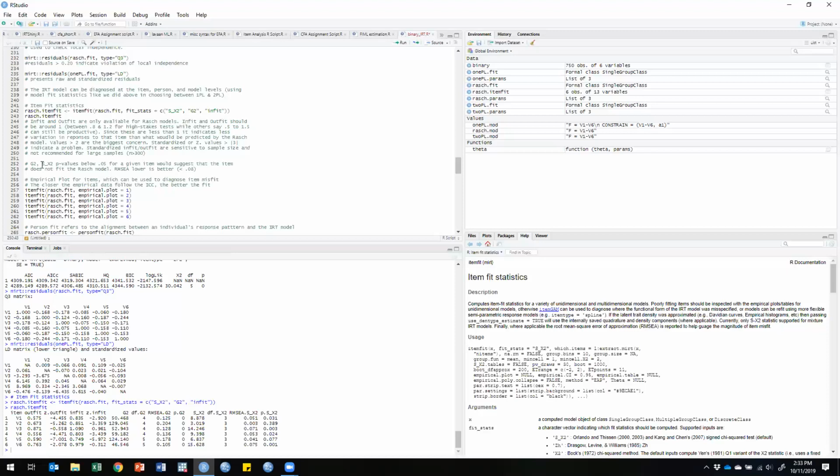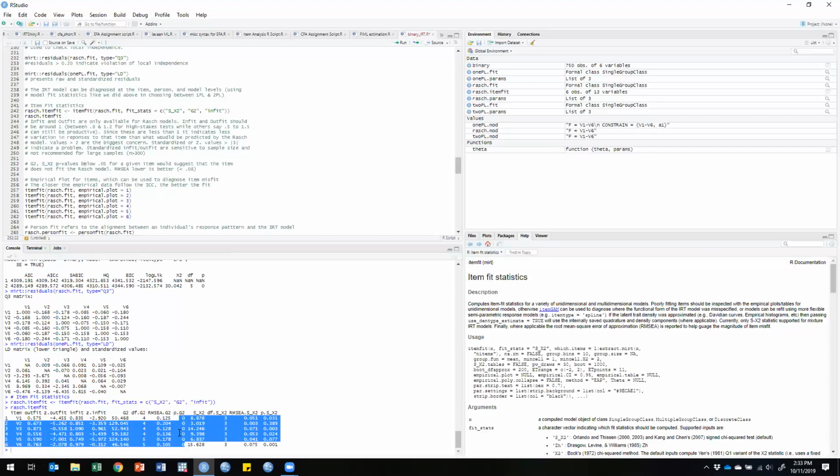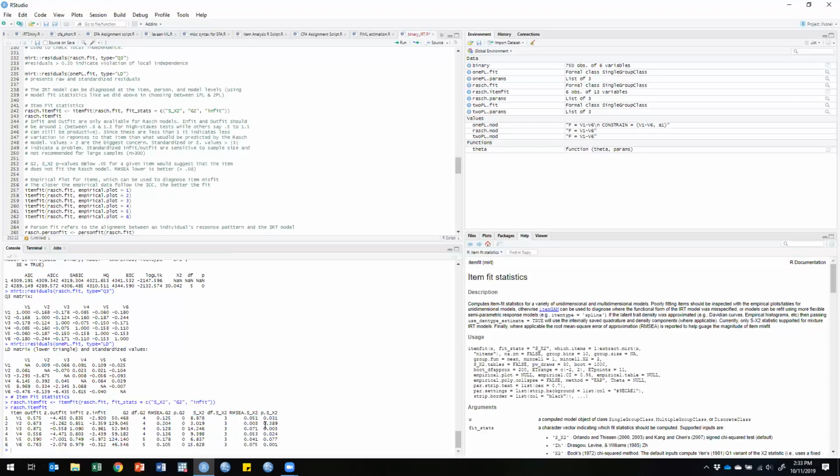For the G2 and the chi-square p-values, these are again situations where the null hypothesis is that the item fits the model, so we want to fail to reject these items. The G2, we rejected for all items.